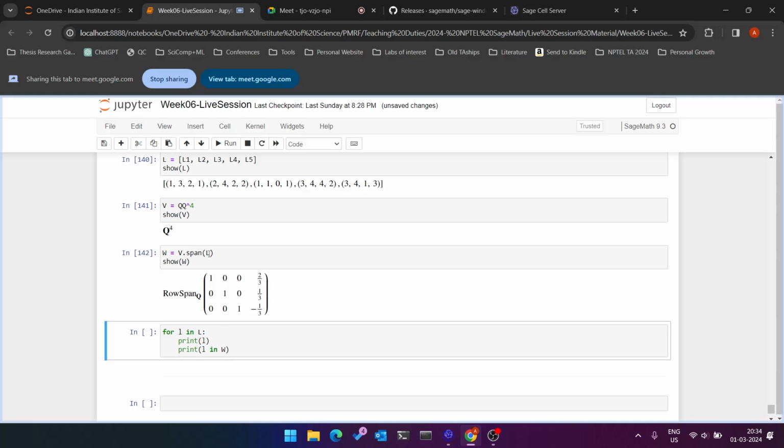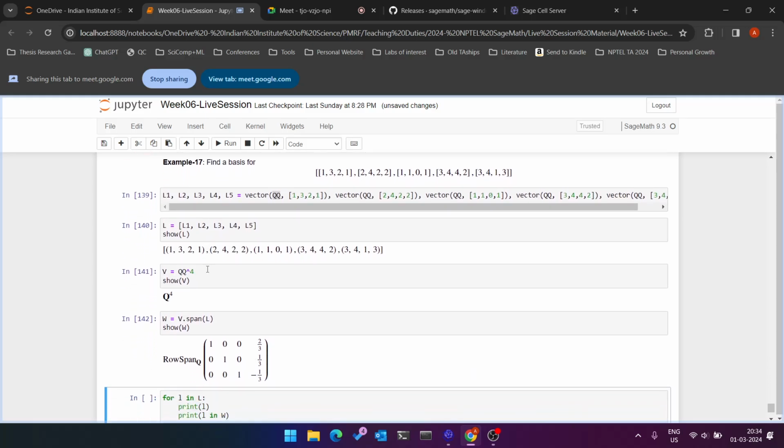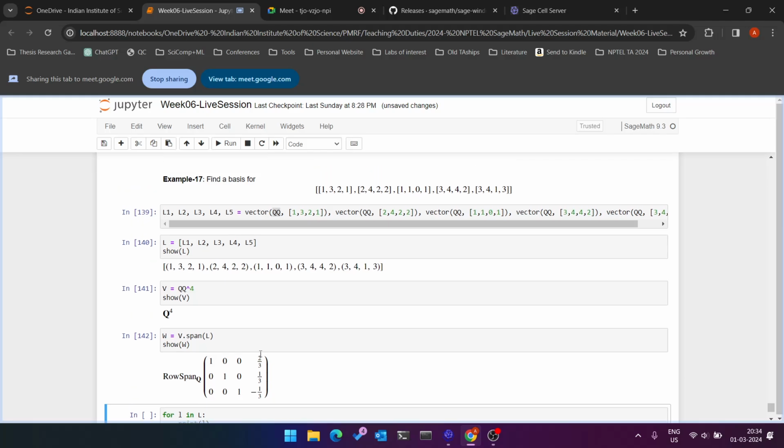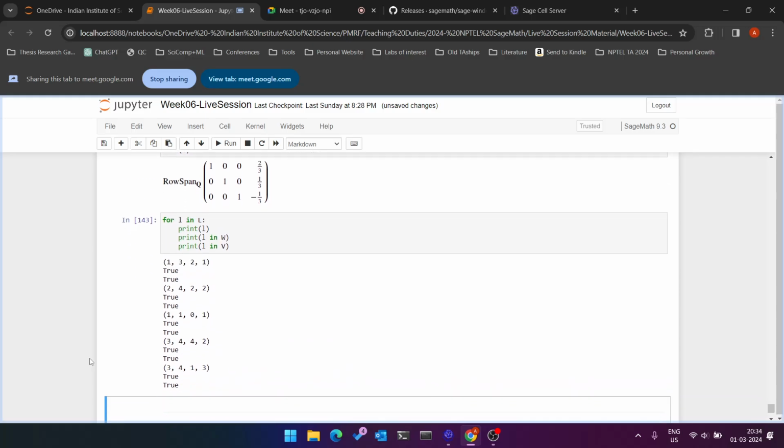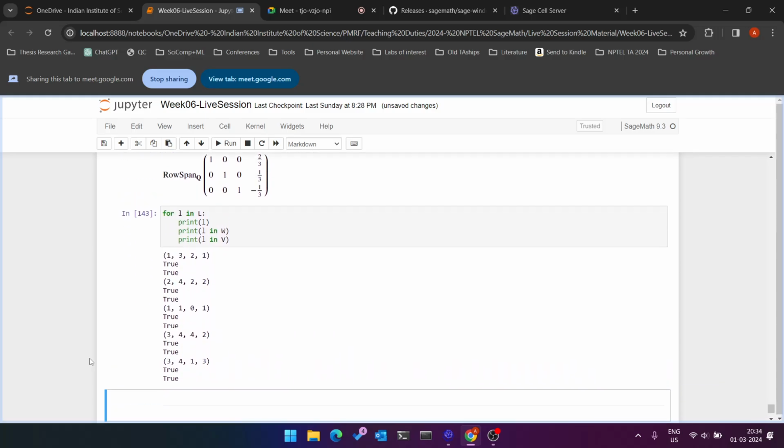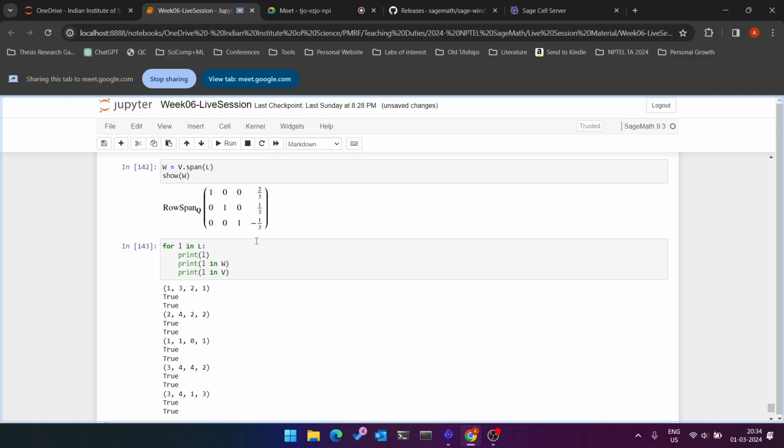So what I get, this creates a basis. What we see is that even though V is four-dimensional, W has only three rows, so it only has three dimensions. To check if this is correct, for each of the entries in L, we are printing whether that entry indeed belongs to subspace V as well as subspace W. We expect it to be true, but just wanted to show how it works.